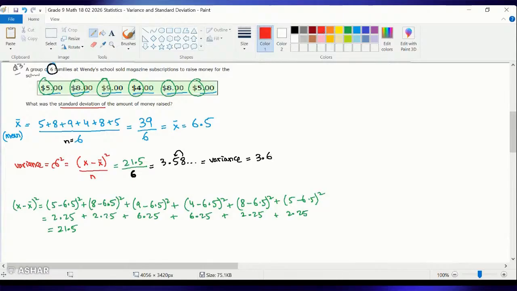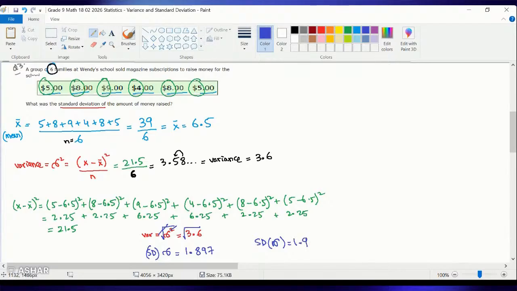We know that variance is equal to sigma square, that is 3.6, and if we need to find the standard deviation, we square root both the sides. It would come out to be the square root of 3.6, and the answer is 1.897. That means the standard deviation will come out to be 1.9.